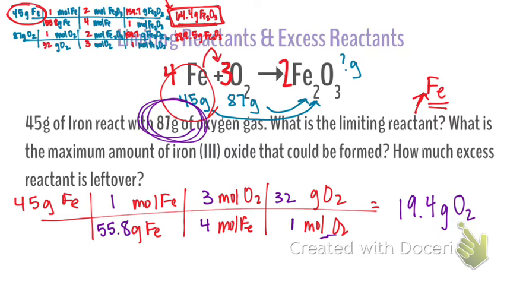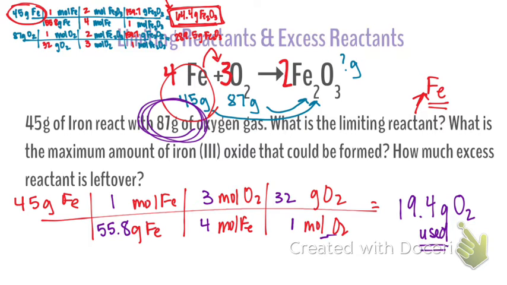Is that similar? Okay. And so is this the amount of oxygen gas that's left over? No, this is the amount of oxygen gas that is used. If I use 45 grams of iron, it would require me to use 19.4 grams of my oxygen gas. So how can I go about finding how much oxygen gas is left over?